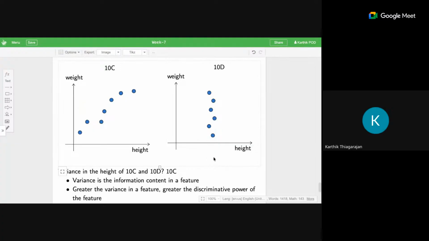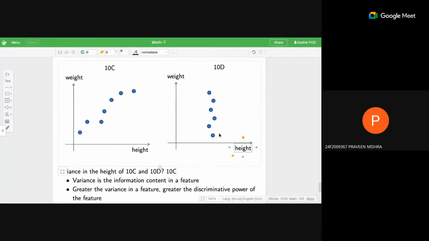So there is very little insight that you can gain from the feature called height. There is no variance. Only if there is some difference does this feature matter, right? Since all of them have more or less the same height, in 10D you can just throw away this height feature and you won't lose anything, right? So do you get the idea?